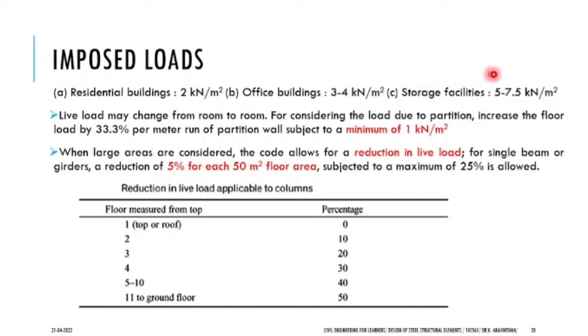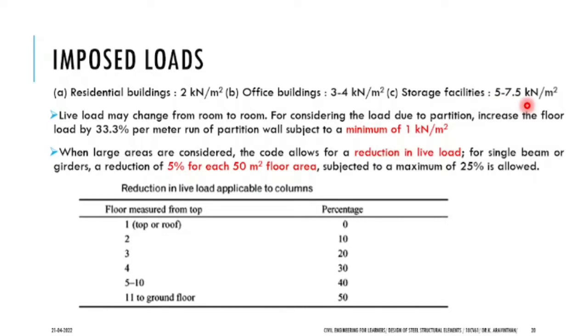And if you are constructing or designing a storage facility, say for example a library. See, a library is also a room or a structure where you have a high amount of live load. When you are constructing a library, you have to take the live load of how much? 5 to 7.5.